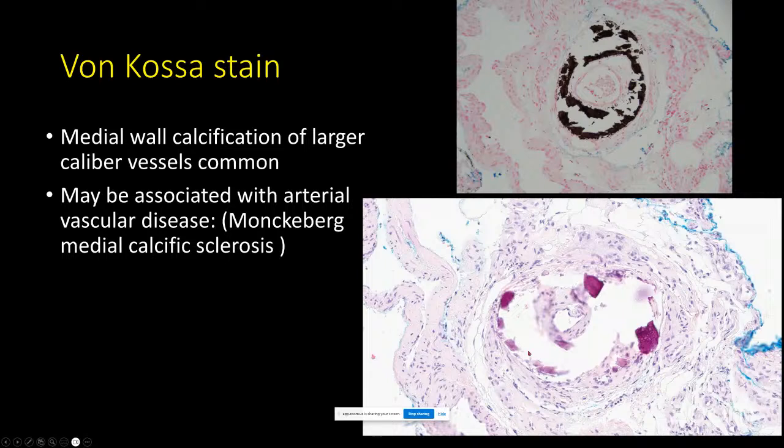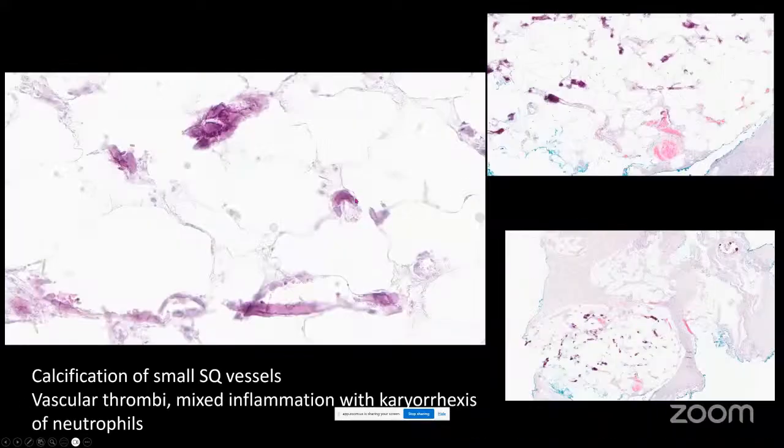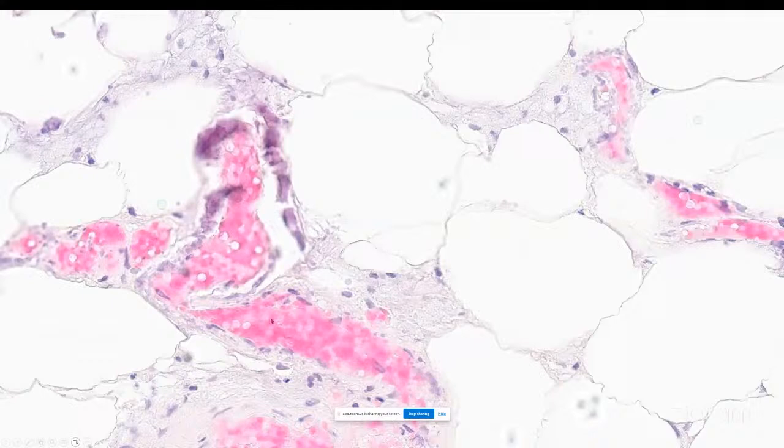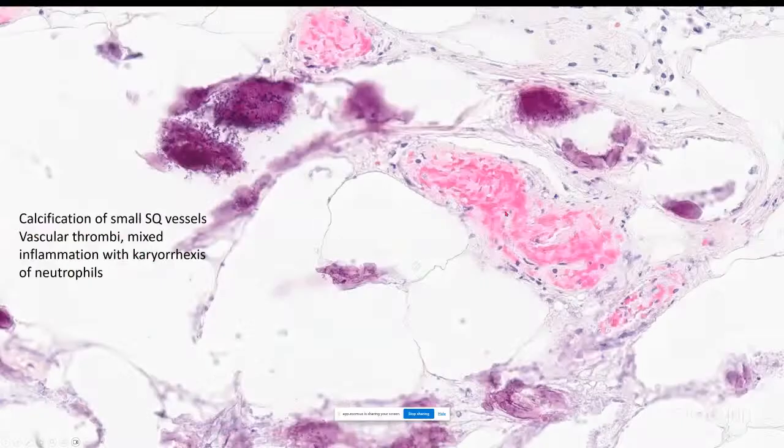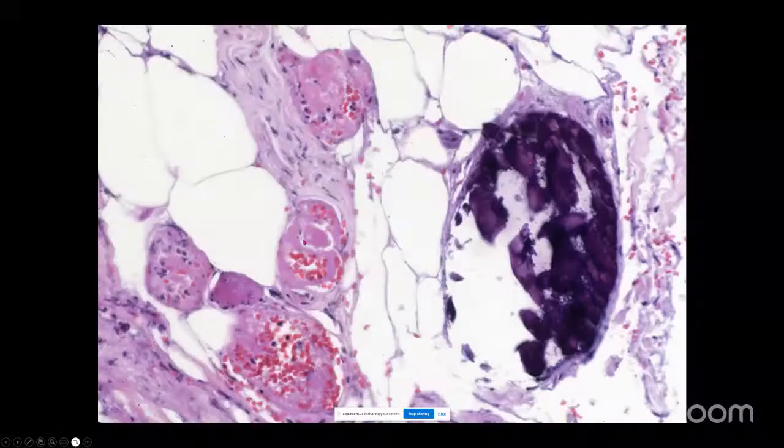It probably reflects the fact that the patients have arteriovascular disease. It's also referred to as Monckeberg's medial calcific sclerosis. Just examples of the calcification you can see in the vessels. A lot of times you have thrombosis within these areas. Here you have early thrombosis plus calcification. Just another example of thrombosis.